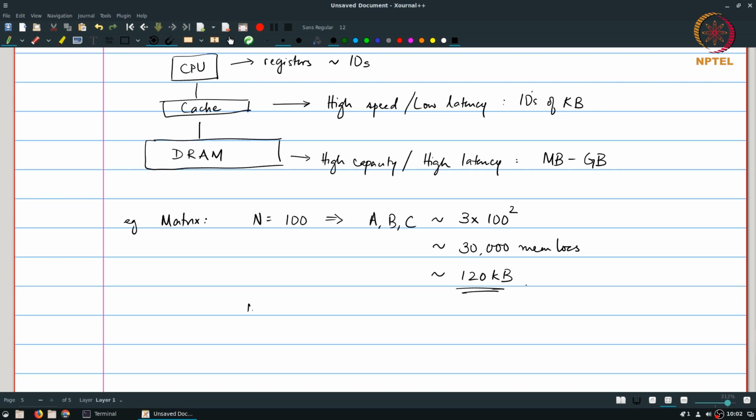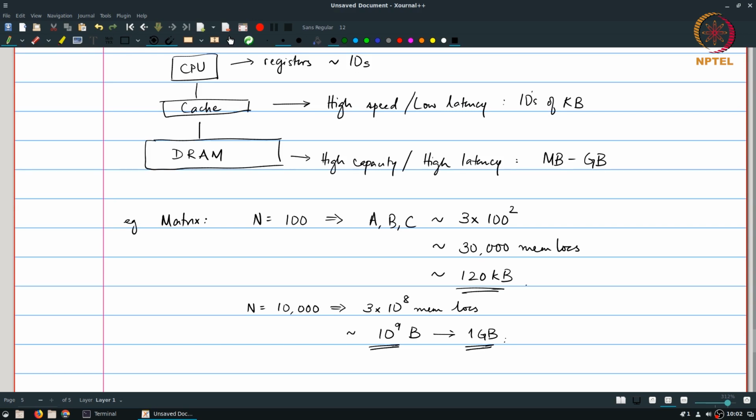But what if n is equal to 10,000? Now what we are talking about is the total capacity is 3 into 10 to the power of 8 memory locations, which is approximately 10 to the 9 bytes or 1 gigabyte. No processor that we know of today has cache memory even in the hundreds of megabytes range.